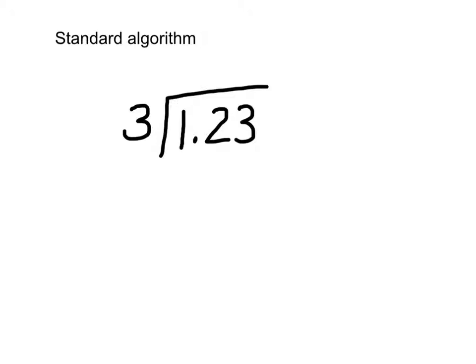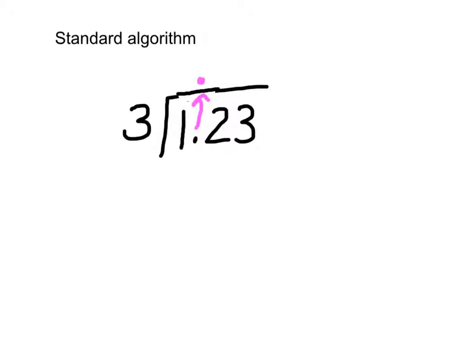When we're doing the standard algorithm, we're just going to keep our decimal point in the exact same spot. So let's just bring it up here. I guess maybe I should have done that in a different color. Hold up, let me fix that. That way it's a little bit easier to see. Okay, so let's bring this up. Let's try this again. Decimal point there.